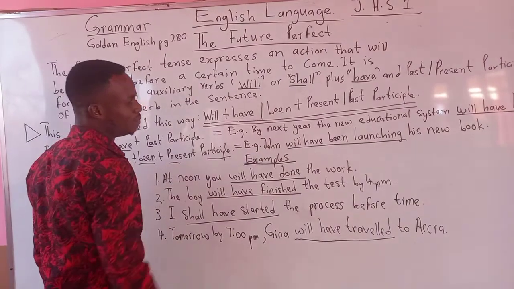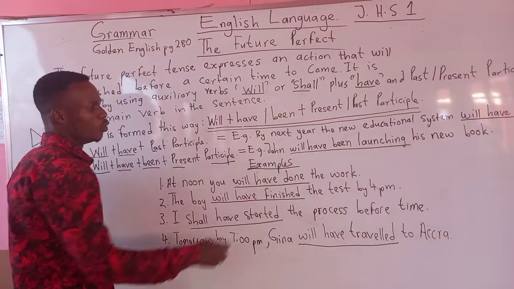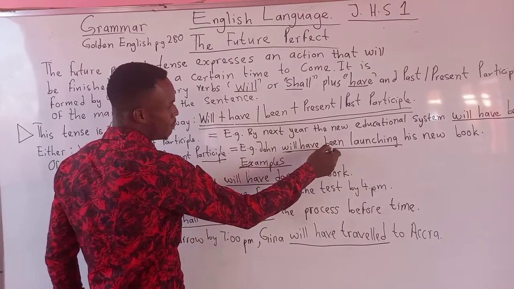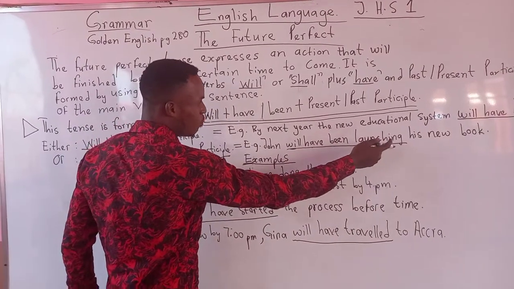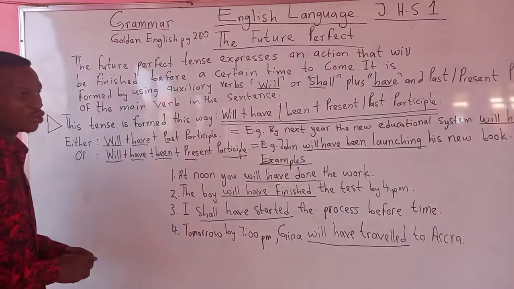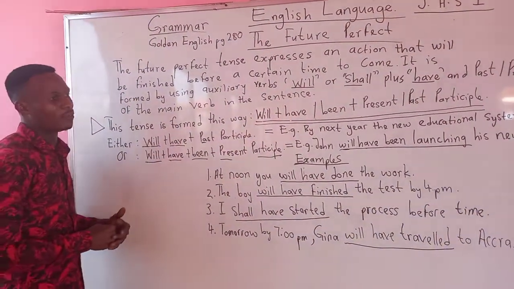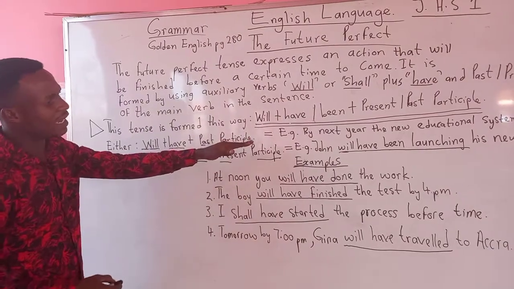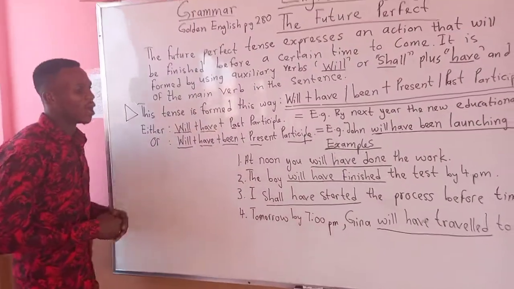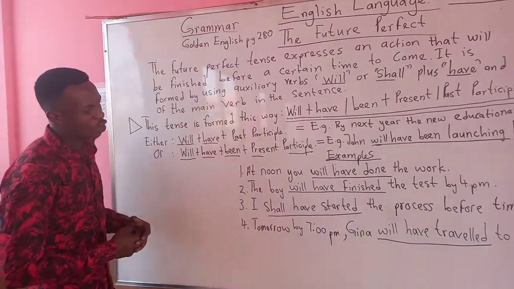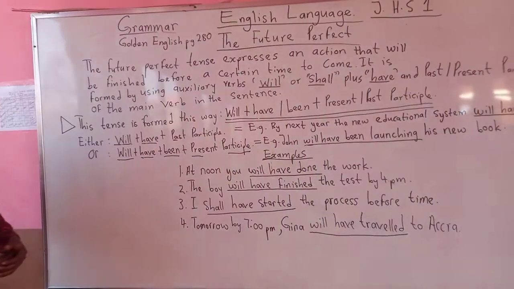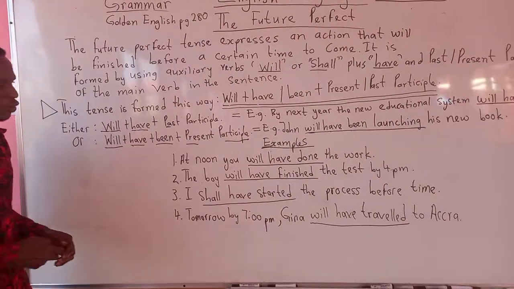So this one also we have the will plus the have plus the be plus the present participle, adding the ing to the main verb to make it present participle. So you can either use the first one or the second one based on how the sentences are arranged or formed.